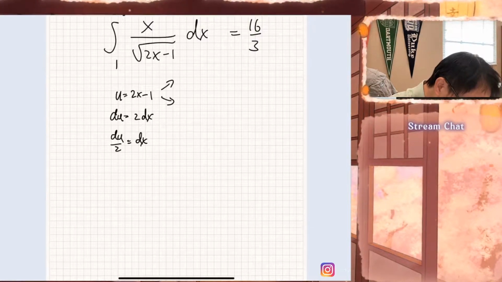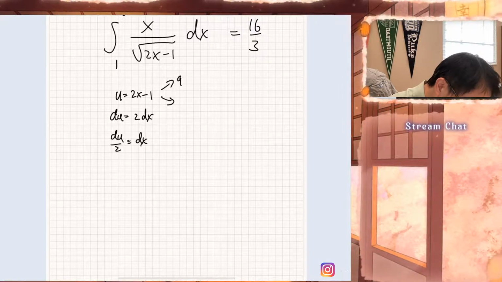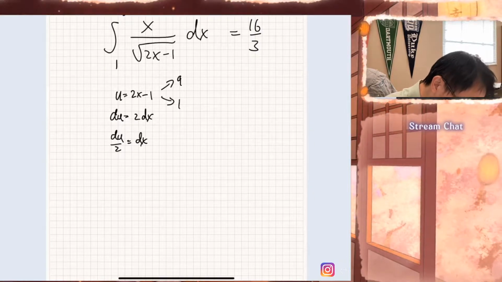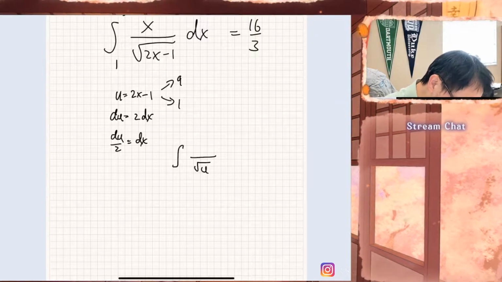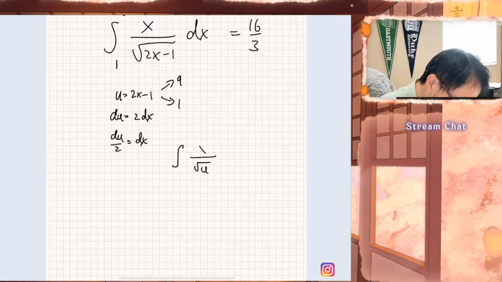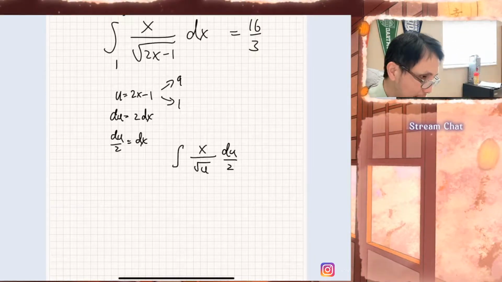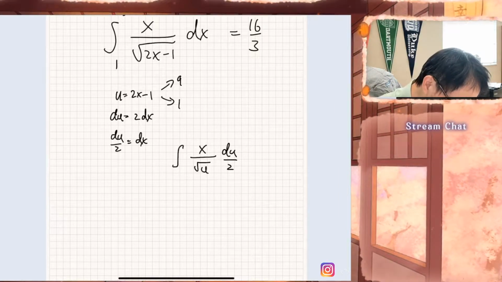So it's going to be 5 times 2 minus 1 is 9, and 1, so it's still 9, 1. Integration of square root of u, and then you got the problem with the x, and you got du over 2. The problem is I didn't get rid of x yet, so I'm not going to change the u bound until I get rid of x.